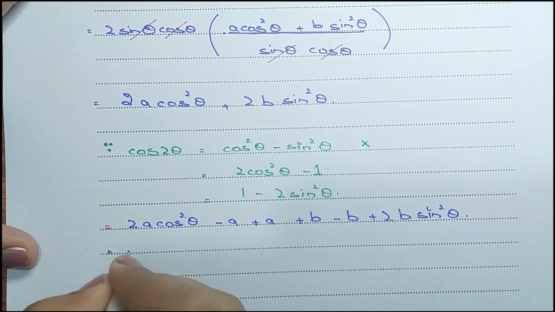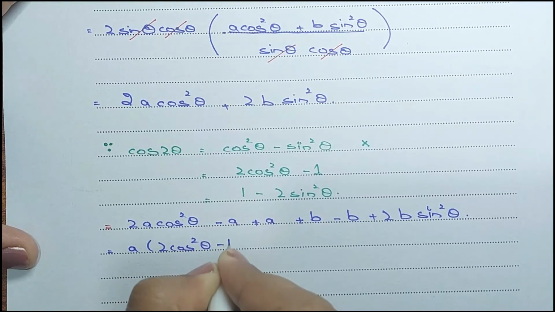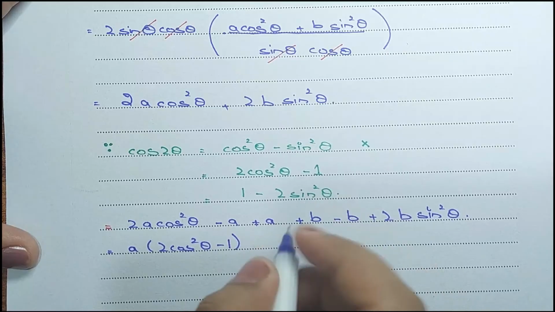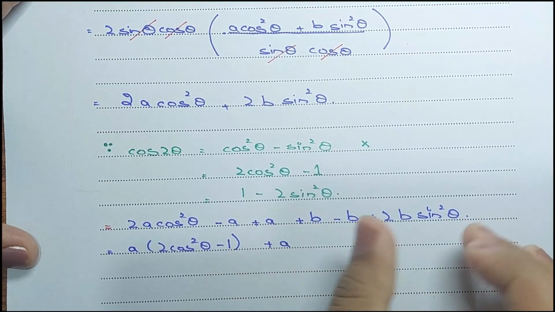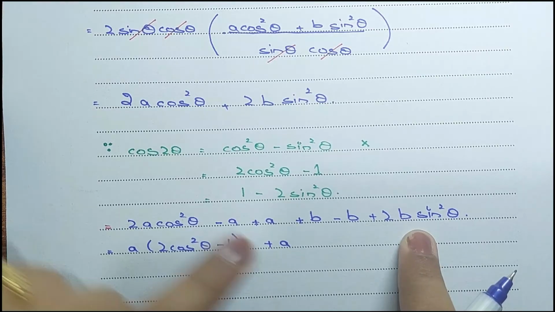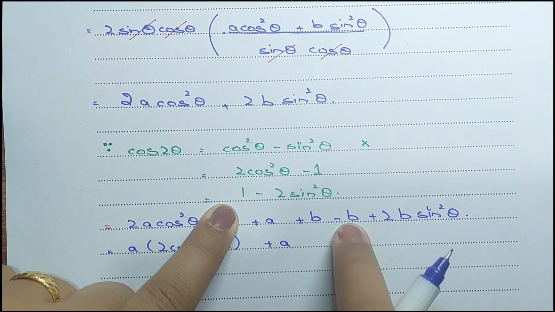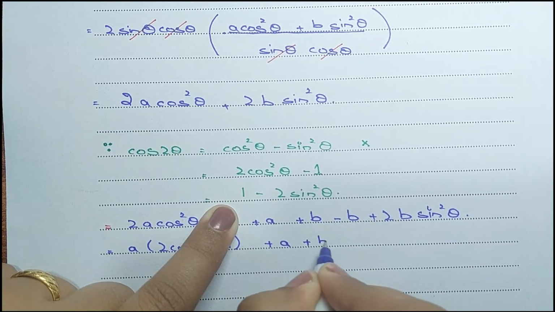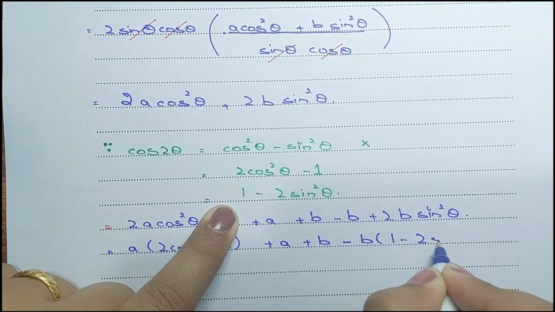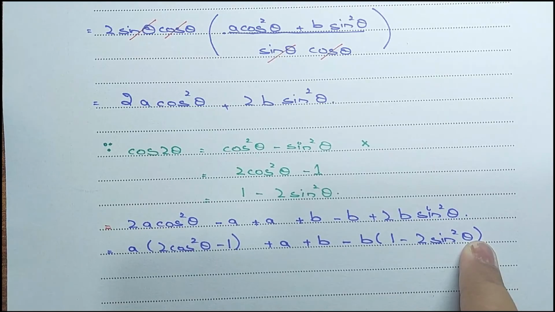If I take a common from here, we get 2 cos square theta minus 1, and this is cos 2 theta. The plus a stays the same. For b, we take minus b common, so plus b stays as it is. We have 1 minus 2 sine square theta over here.